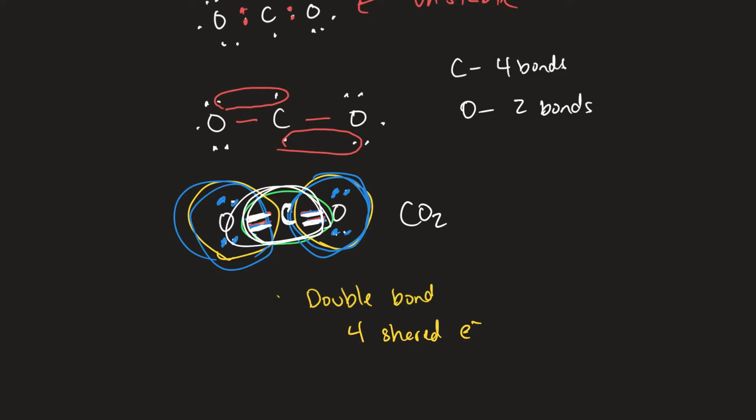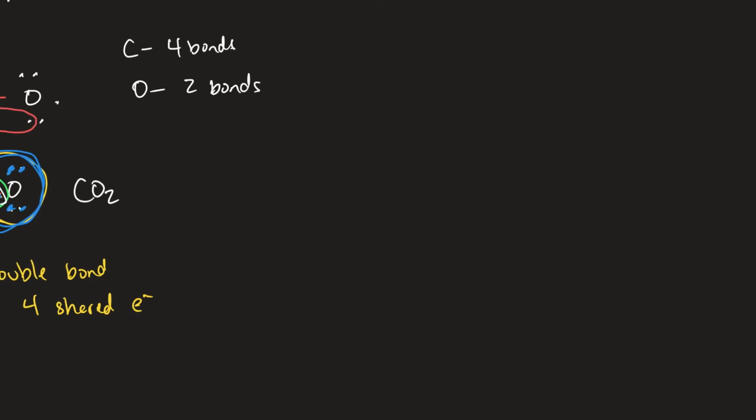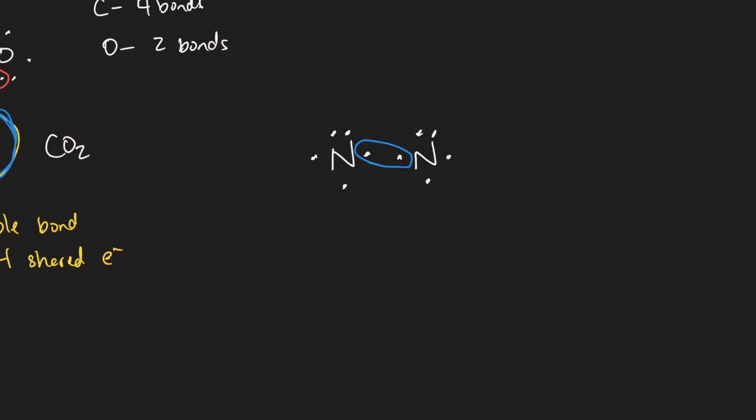Let's look at another example so you can see where I'm coming from. Let's look at nitrogen. We know that nitrogen has 5 valence electrons: 1, 2, 3, 4, 5. If the two nitrogens were to make a single bond, where these two electrons are the ones they share, you can see there's going to be something wrong with this.